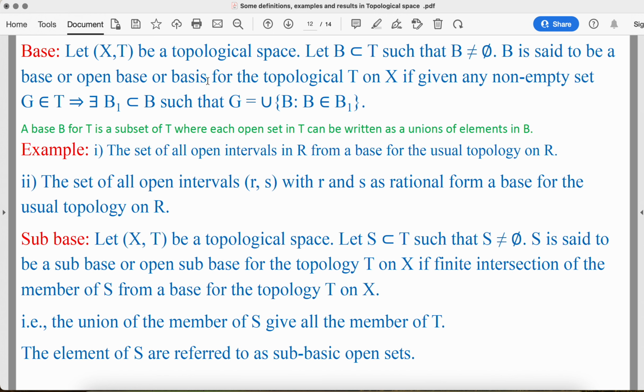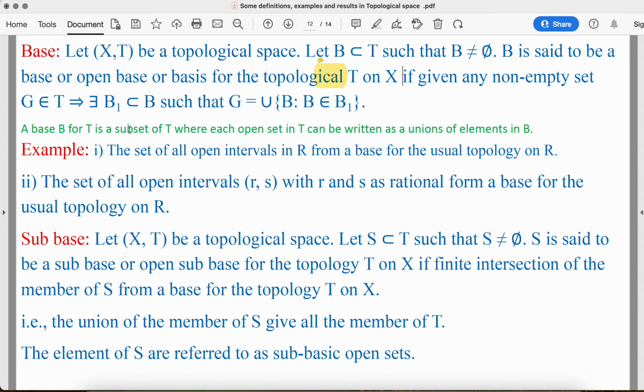B is said to be a base for the topology T on X if for given a non-empty set G belonging to T, there exists B1 which is a subset of B such that G is a union of B where B belongs to B1.